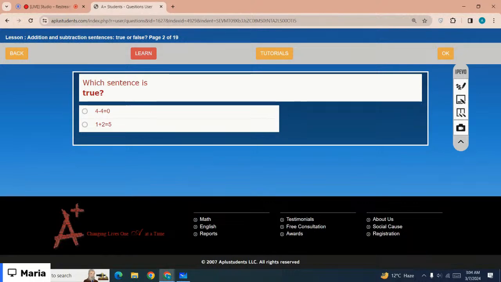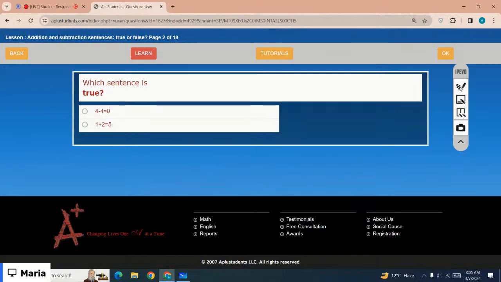Which sentence is true? You are given two of these sentences. They are 4 take away 4 is 0 and 1 plus 2 is 5. Which is the correct option? Yes, option number 1 is the correct option, right?